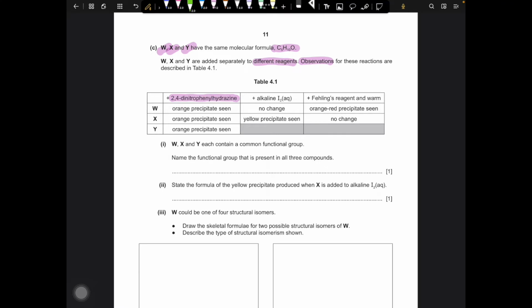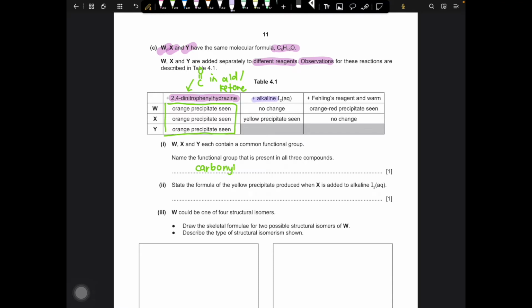To recap, 2,4-DNPH, this is a special reaction used to determine the presence of carbonyl group in aldehyde and also ketone. Since all W, X and Y show a positive result with 2,4-DNPH, it means that all of the compound has carbonyl group in the molecule.